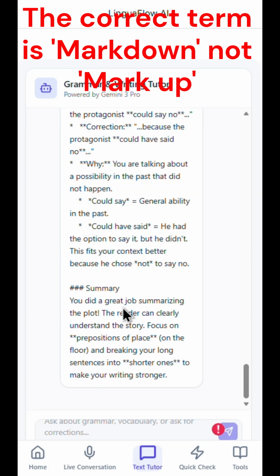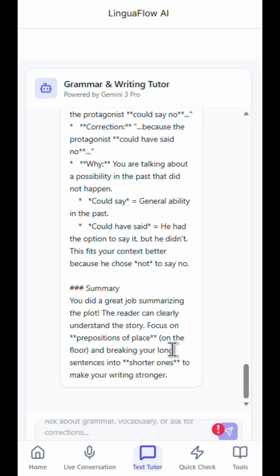It's just there with the markup symbols. So at the very end it says, you did a great job summarising the plot. The reader can clearly understand the story. Focus on prepositions of place, on the floor, and breaking your long sentences into shorter ones to make your writing shorter. So that's quite nice.